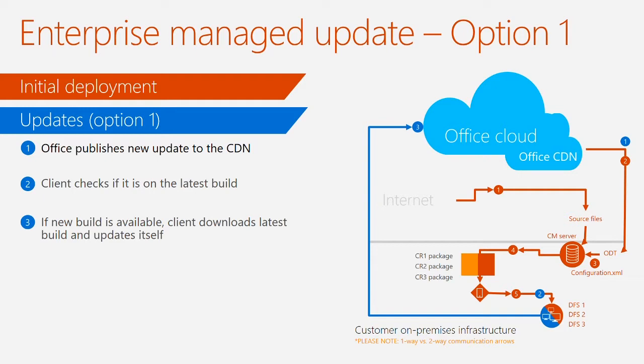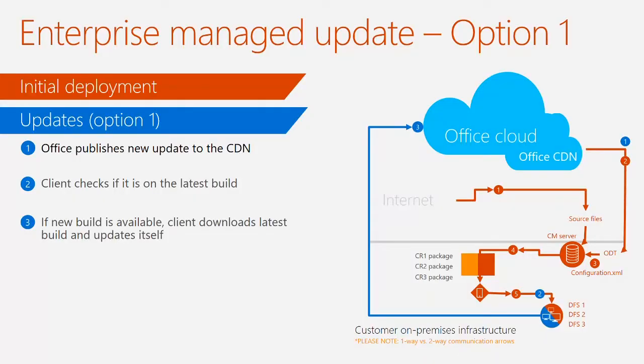However, when you look at these scenarios, what we're seeing is customers use two different options. They first install using their configuration manager or software distribution services. They do the packaging, but then they say, I don't want to have the overhead of managing this in my config manager because it still takes time.